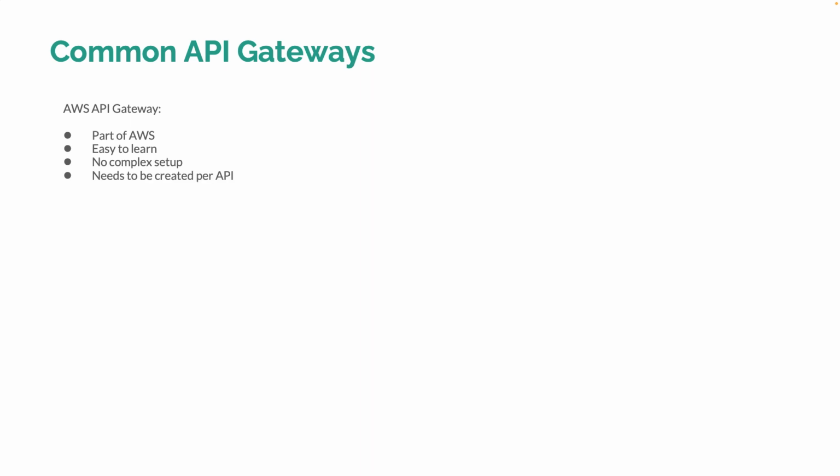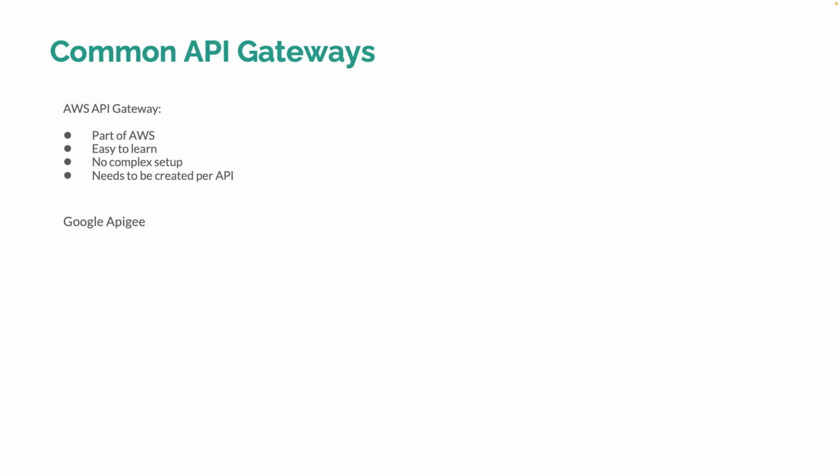A downside of API Gateway in Amazon Web Services is that you need to set up an API Gateway per API that you create. That means that if you're a developer and you're not really skilled with creating infrastructure, you're not a DevOps engineer, then you need to depend on a DevOps engineer to create the APIs for you.